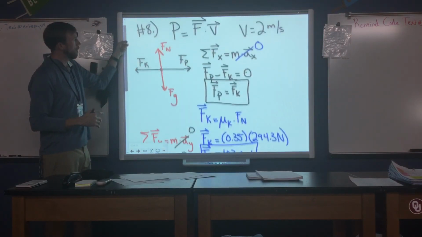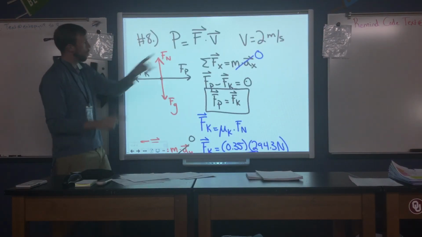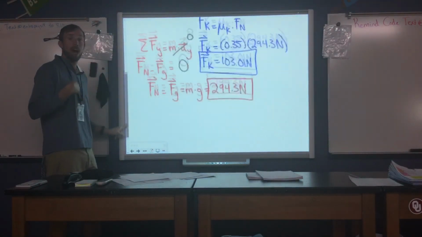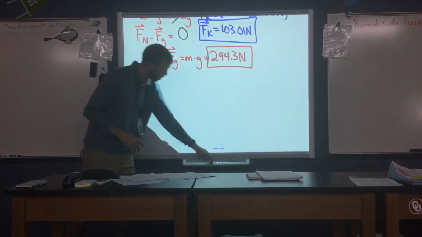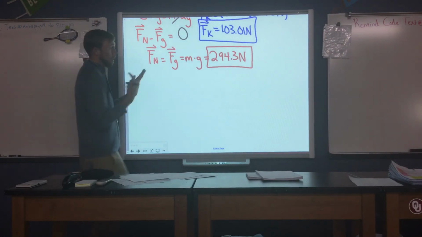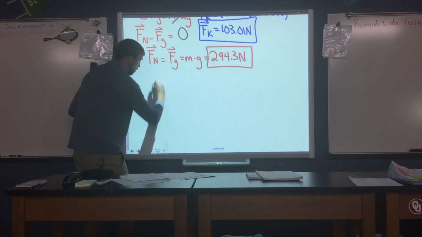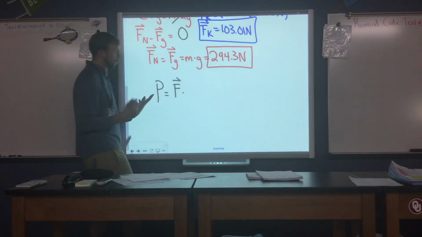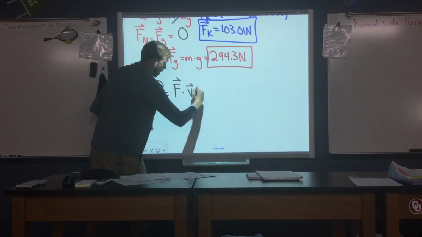So now that I know my force, 103.01, and I know my velocity, I can actually find the power that I am supplying to the object, and the power I'm producing, as the problem says. So power is equal to the value for force multiplied by velocity.